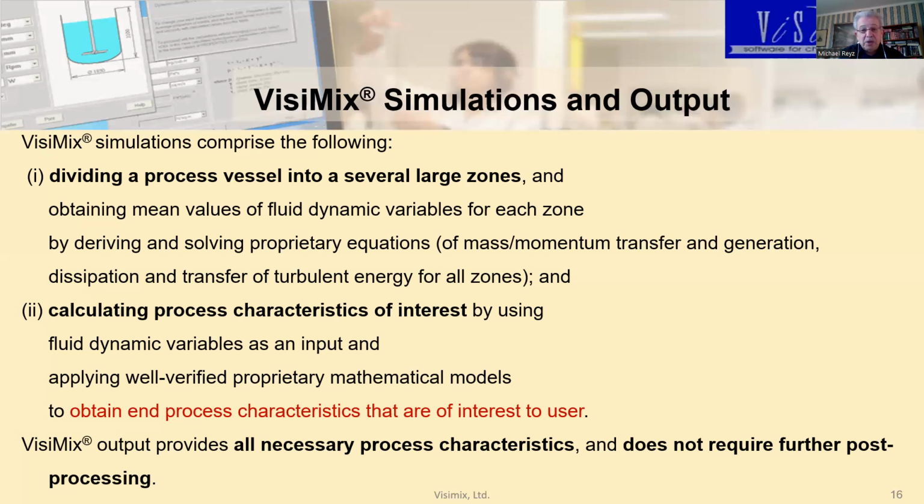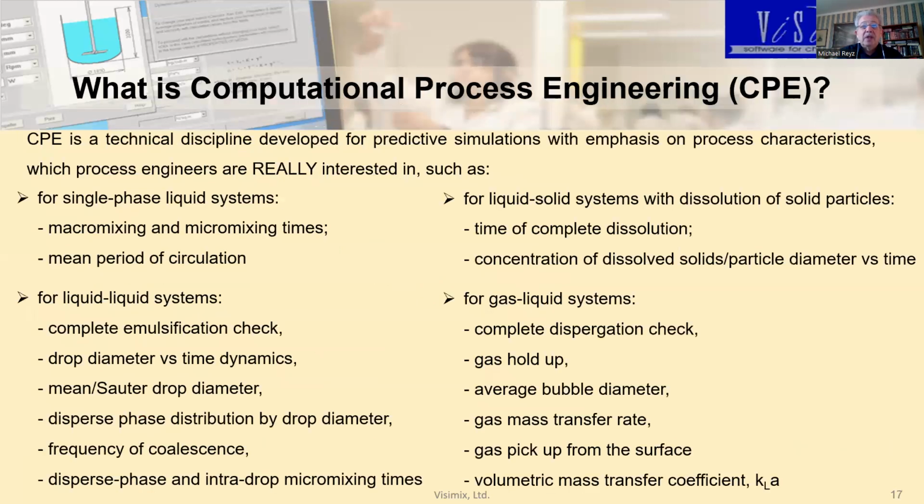So important to state here that Visimix output provides user with all necessary process characteristics and does not require further post-processing. And this feature is a sign that our Visimix software is indeed computational process engineering software.